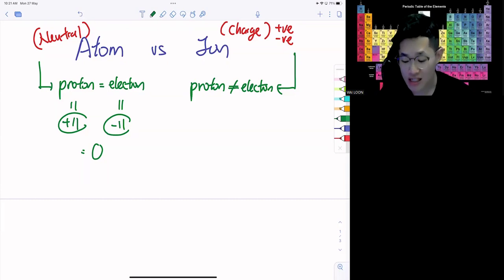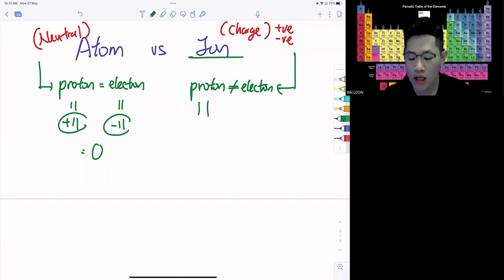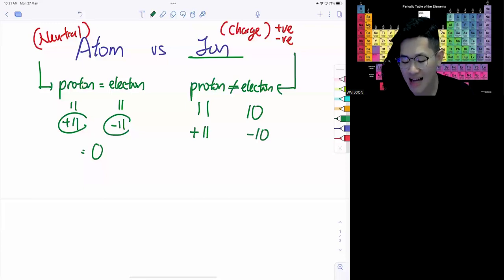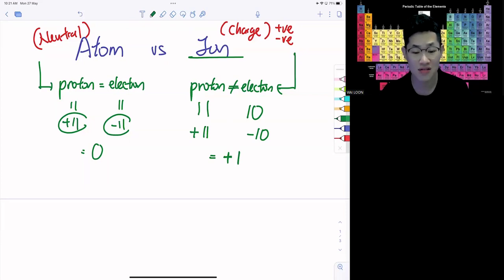For example, if my sodium ion now is having 11 proton, but only 10 electron, it will be positive 11 and minus 10. So in the end, it gets a charge of positive 1, or you can also call it 1 positive, 1 plus.